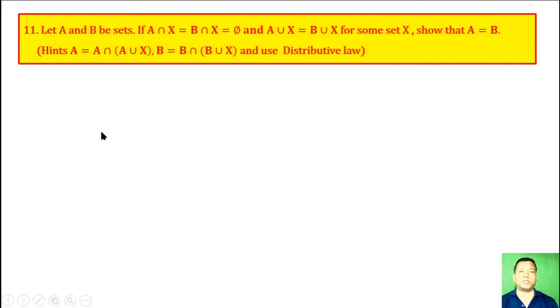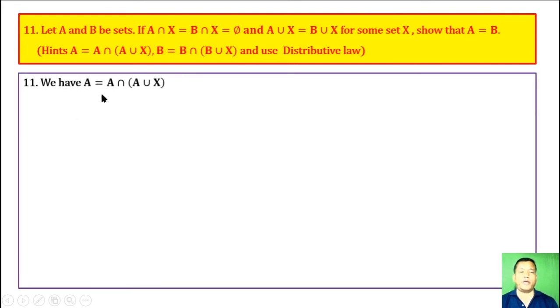Using the distributive law, A equals A intersection (A union X). Apply A union X replaced by its equivalent value B union X. Applying the distributive law, we get (A intersection B) union (A intersection X). A intersection B remains unchanged. A intersection X is equal to phi. Any set union with phi is the set itself, so A equals A intersection B.